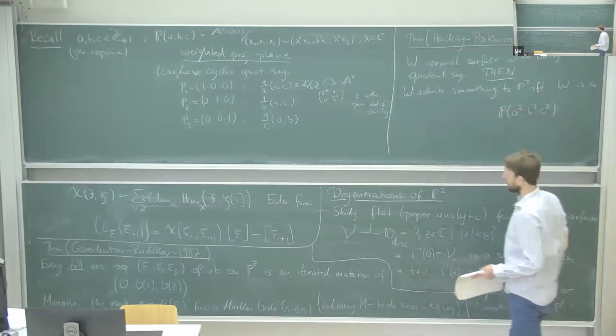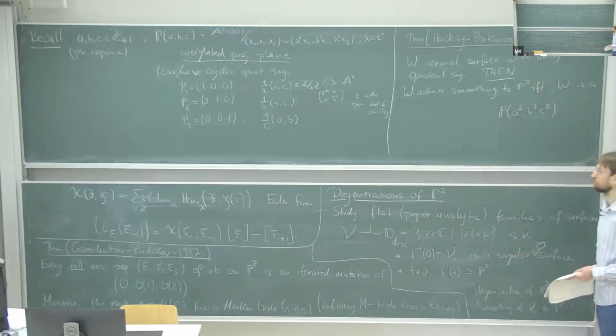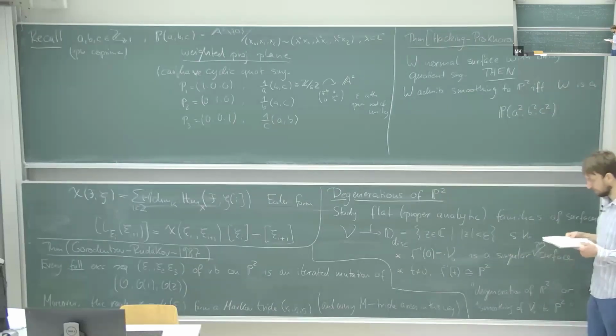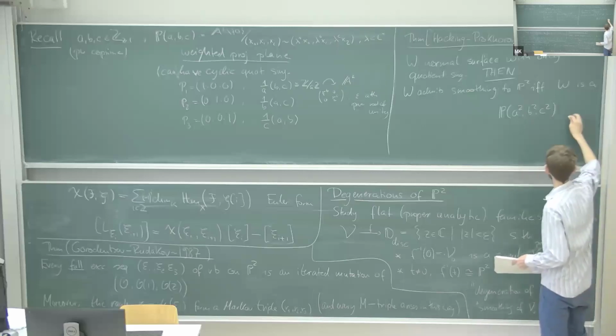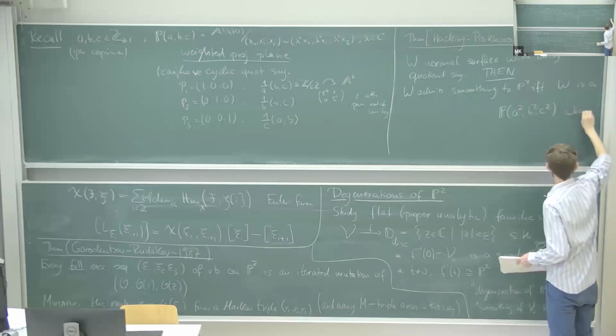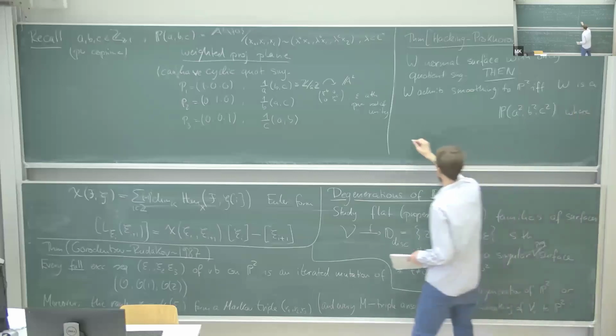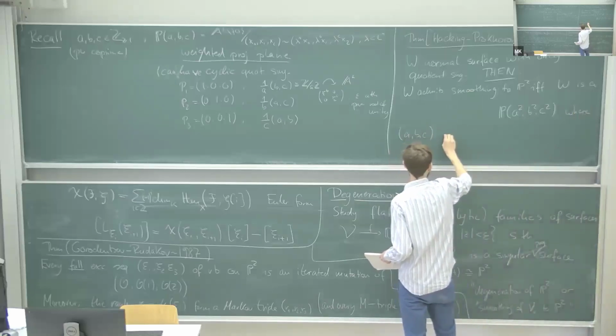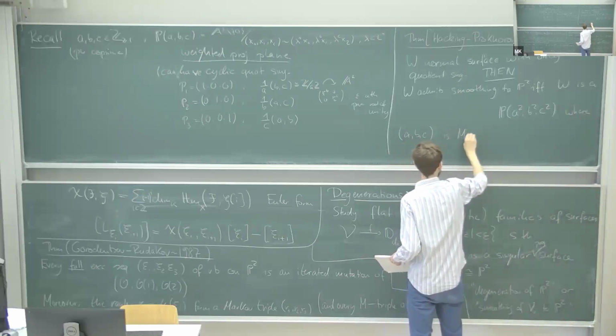So you take weighted projective planes of this form A squared plus B squared plus C squared, and here A, B, and C is a Markov triple.